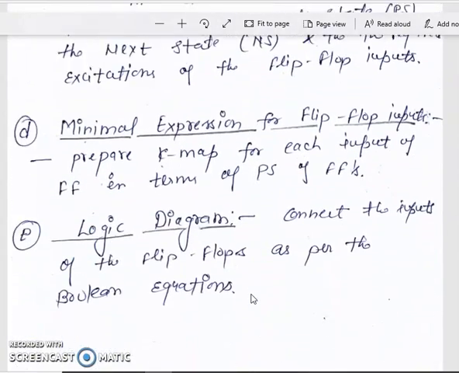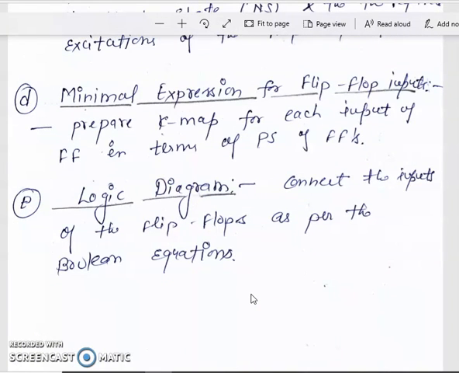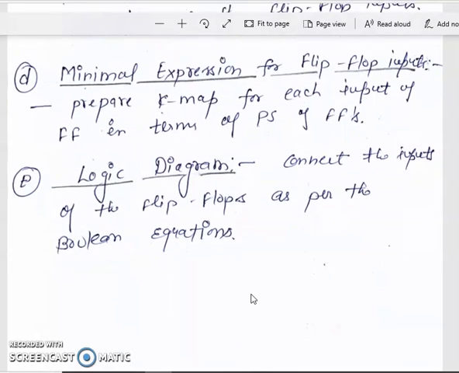Next is the minimal expression for the flip-flop inputs. The minimization technique used is the K-map. We use the K-map to get minimal expressions for the flip-flop inputs. And finally, the logic diagram. Connect the inputs of all flip-flops as per the Boolean expressions, which are the outputs of the K-map minimization.